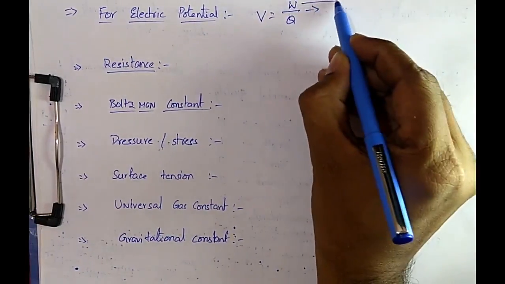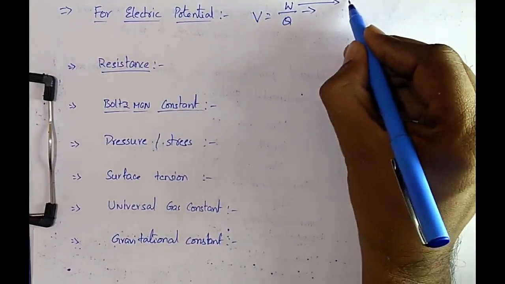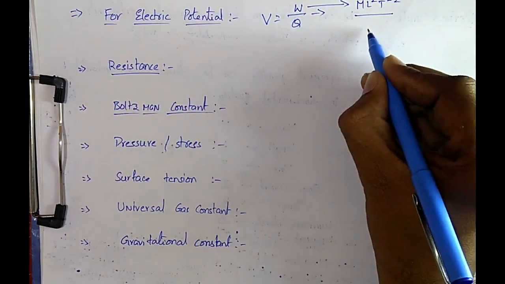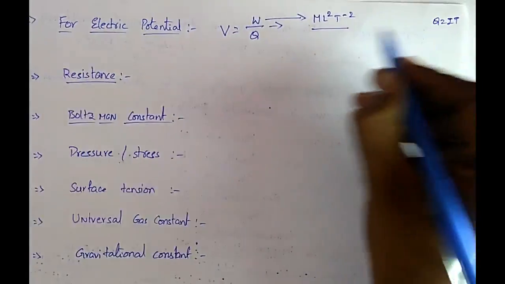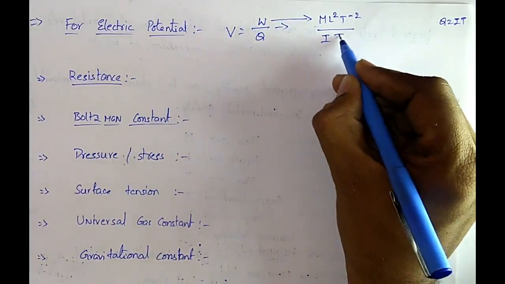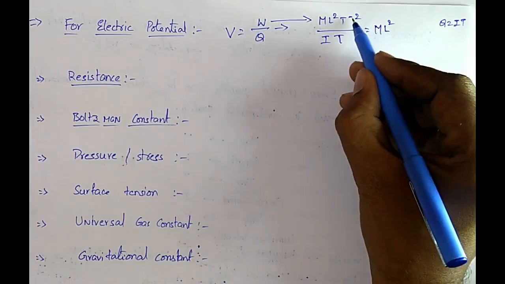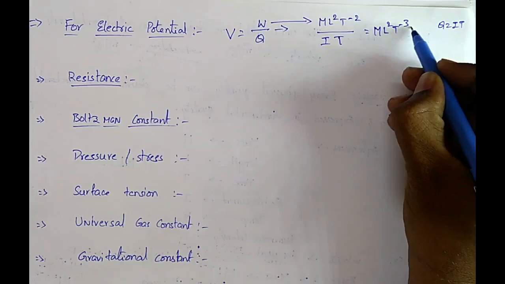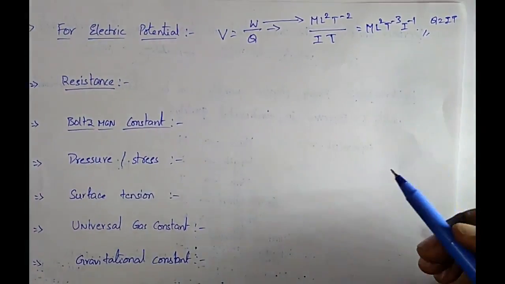We already derived the dimension formula for work, M L square T power minus 2, and for charge, Q equals I into T, where I is current, symbol I, and T is time. So that is M L square, T power minus 2, T power 1, that is T power minus 3, and then I power minus 1. This is the dimensional formula for electric potential.